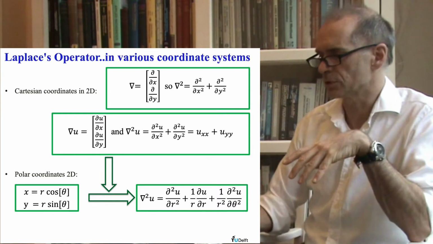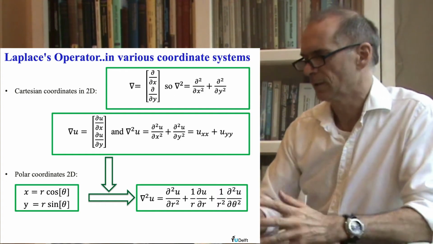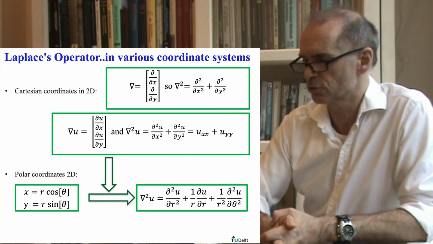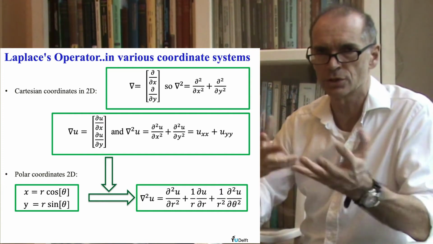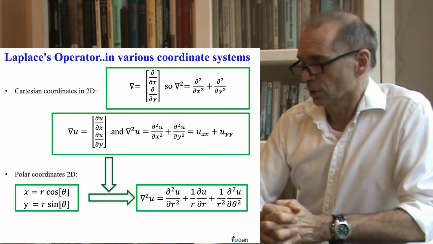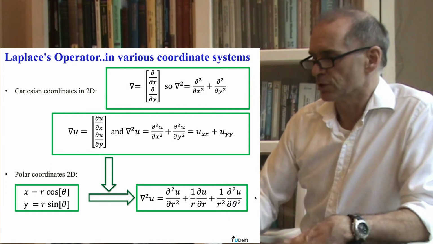That is in the lower green box over there. So the Laplace operator can be given in various coordinate systems, and in each of those coordinate systems you can study the solution of the Laplace equation, which is what you get if you set this equal to 0.